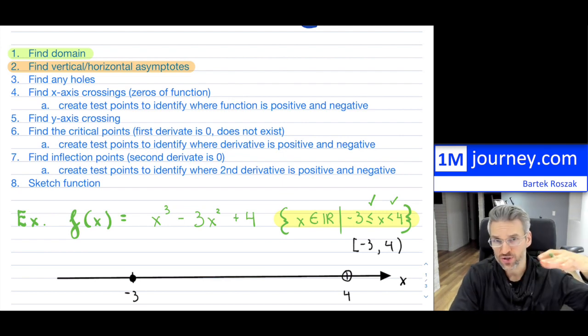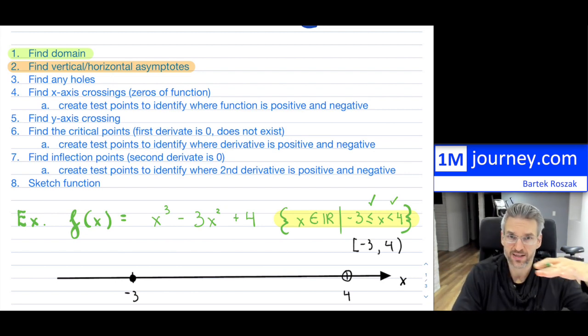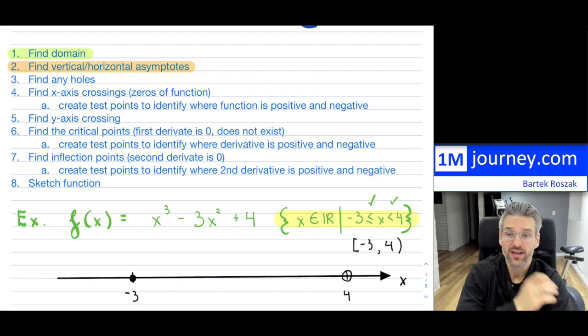Now, how about horizontal asymptotes? Are you approaching something? Well, again, for polynomials, depending on what the order is, they're going to skyrocket. If we didn't have the constraint between -3 and 4, then for horizontal asymptotes you can think about what happens as x approaches infinity and as x approaches -infinity.